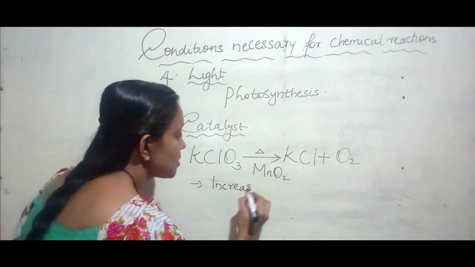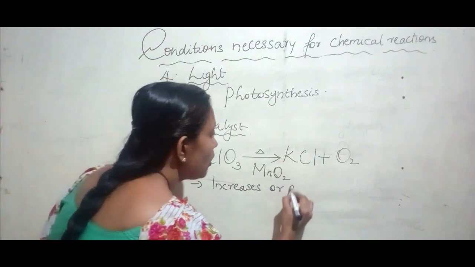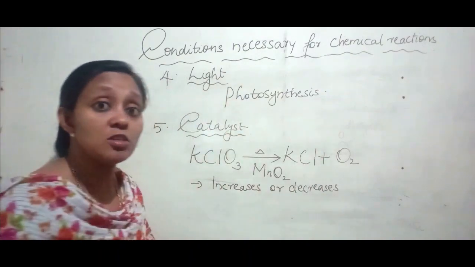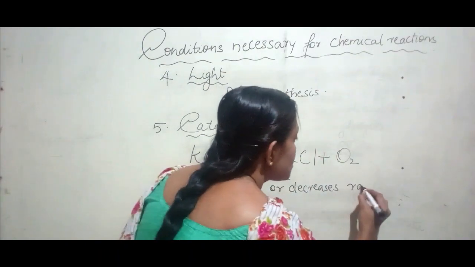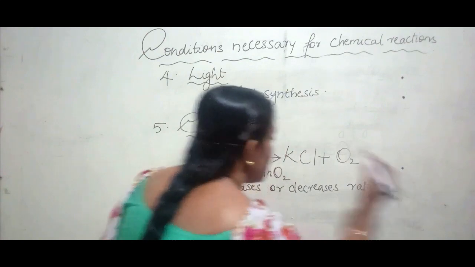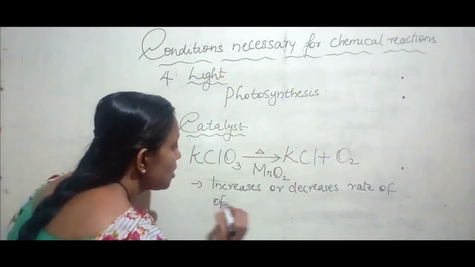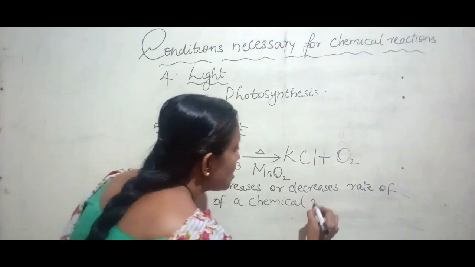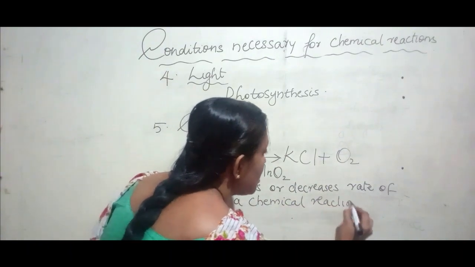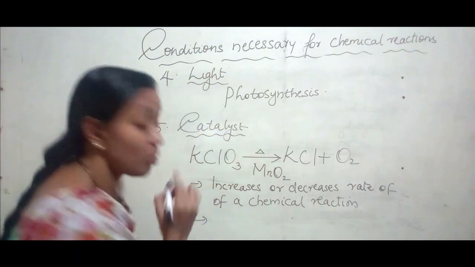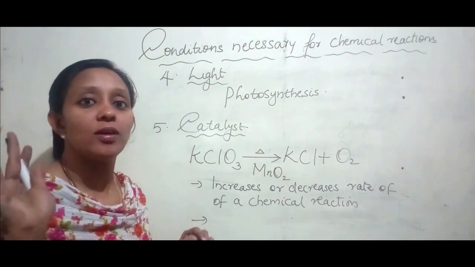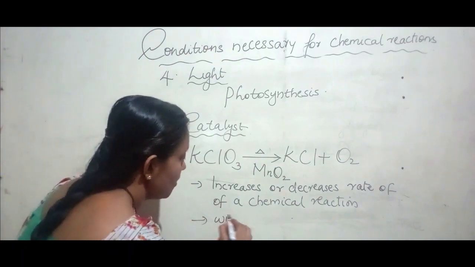A catalyst is a substance which increases or decreases. What will it increase or decrease? The rate of a chemical reaction. It increases or decreases the rate of a chemical reaction. What is a very important point there? Without itself undergoing any change.